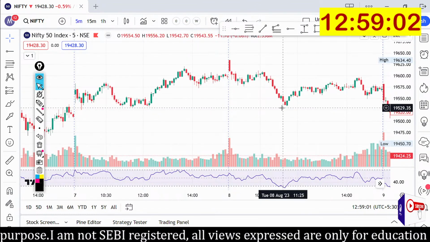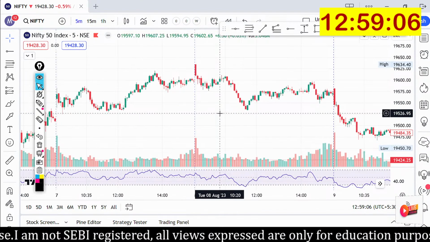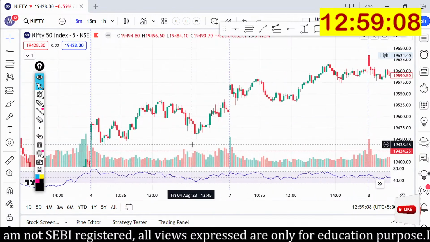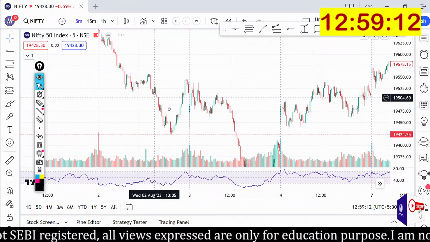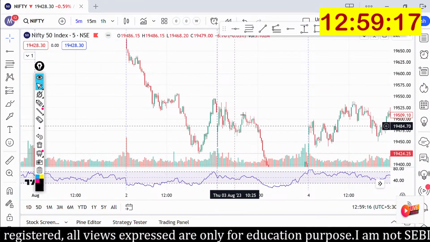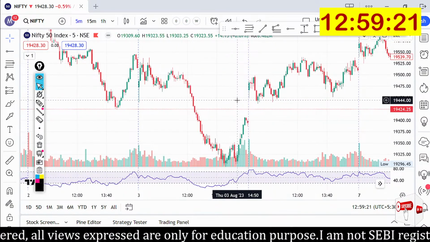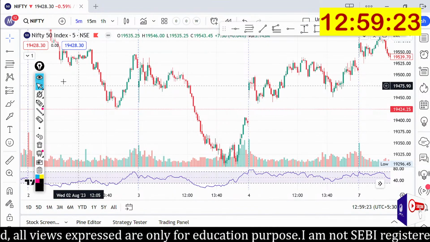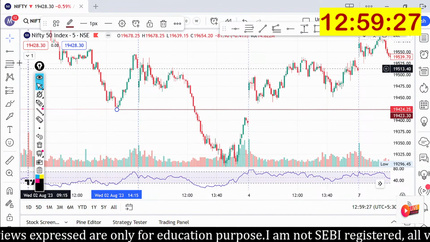So the important thing now: how do we identify trend? Now look at this. This one was a strong downtrend. The important thing we have to identify here is what our swing points are.